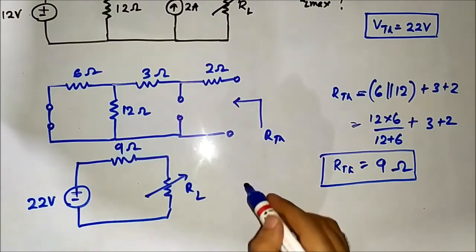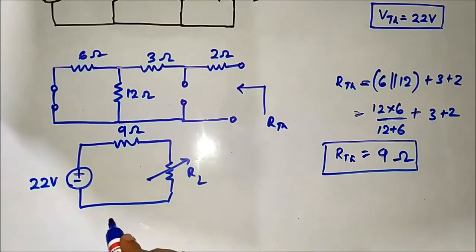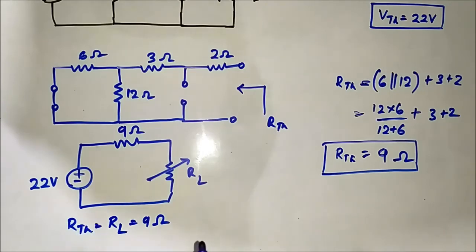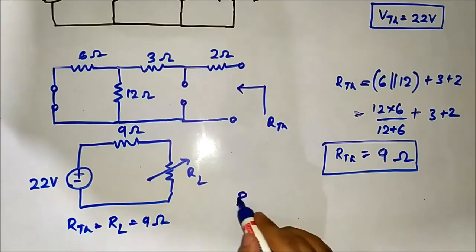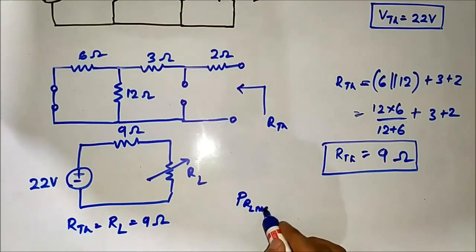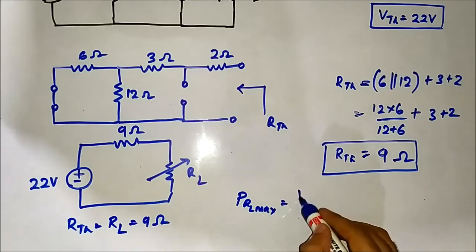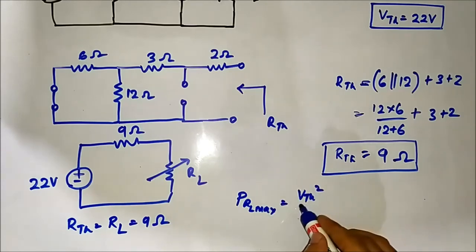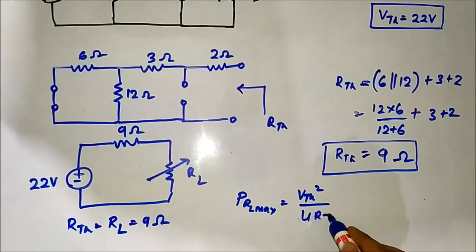So for maximum power transfer, RL should be equal to 9 ohm, which is equal to RTH, and that maximum power PRL max is equal to VTH square by 4 RTH.